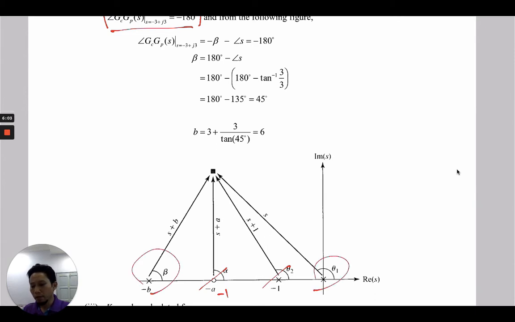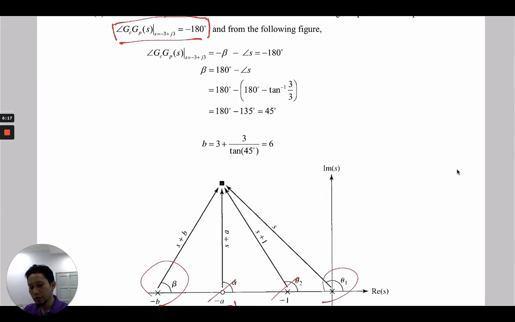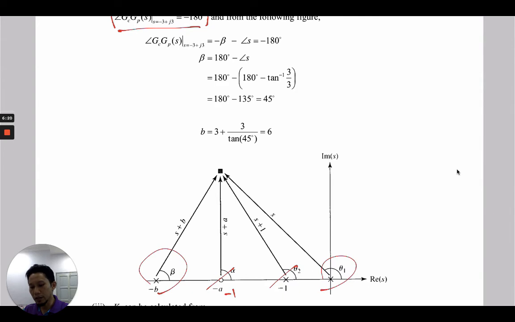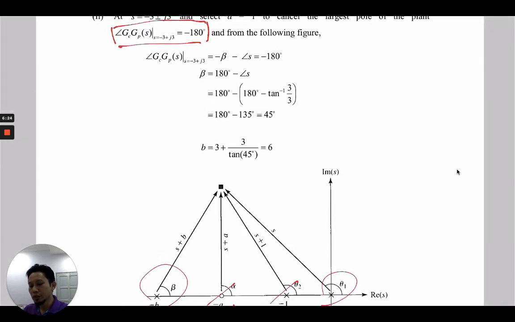We can now calculate the angle of beta: negative beta minus the angle of s, because beta and s are poles, so it is the summation of zeros minus the summation of poles.